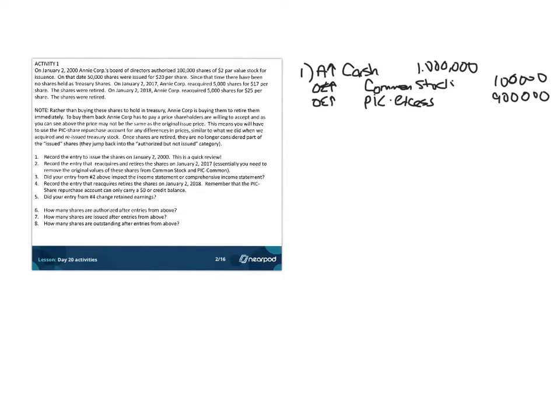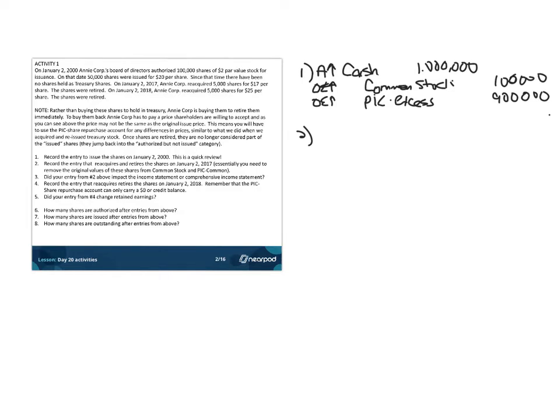All right, so that's the entry that was made when those shares were issued. The second question says record the entry required to retire the shares. So when we retire the shares, essentially what we need to do is remove the original values of those shares from paid in capital and common stock. So to retire these shares, we are reacquiring 5,000 of them.